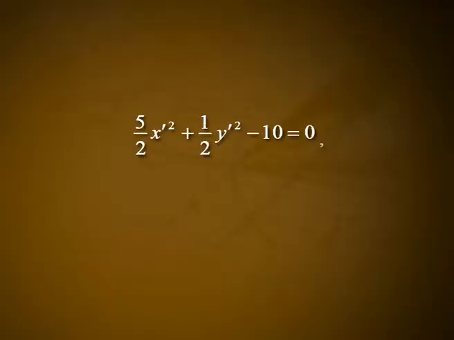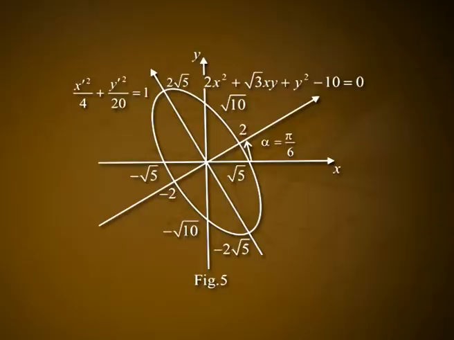Equation 10 then gives 5 by 2 x dash square plus 1 by 2 y dash square minus 10 is equal to 0, or x dash square by 2 plus y dash square by 20 is equal to 1. The curve is an ellipse with foci 0, plus or minus 2 root 5 on the new y dash axis.